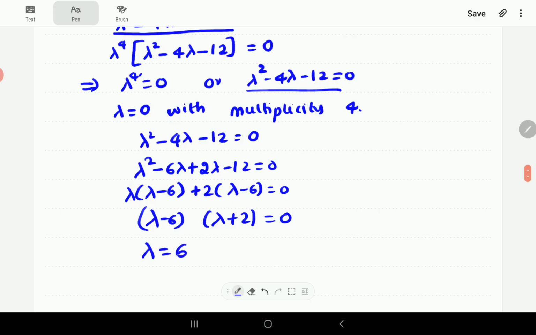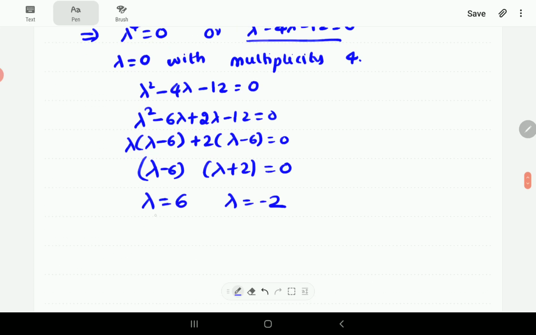This gives lambda equal to 6 and lambda equal to negative 2. Clearly lambda equal to 6 has multiplicity 1, and lambda equal to negative 2 has multiplicity 1. Therefore, we have lambda equal to 0 with multiplicity 4, and lambda equal to 6 and lambda equal to negative 2 with multiplicity 1 as our eigenvalues.